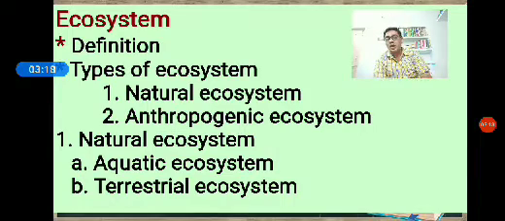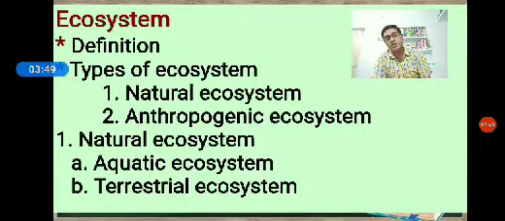Ecosystem is also defined as interaction between living and non-living components in a given area where the continuous flow of energy is maintained in dynamic equilibrium.